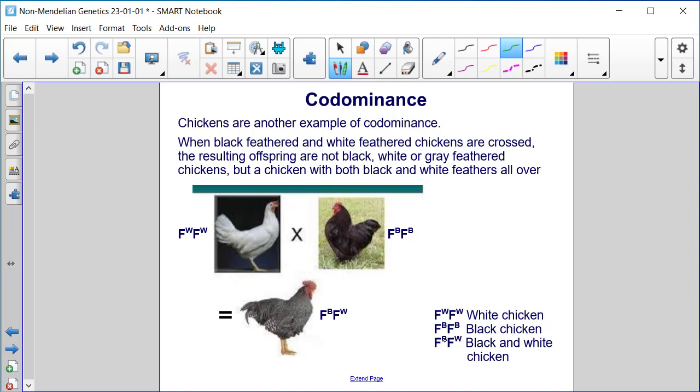So dominant black feather, dominant white feather results in a black and white chicken. Another example of codominance between black and white.